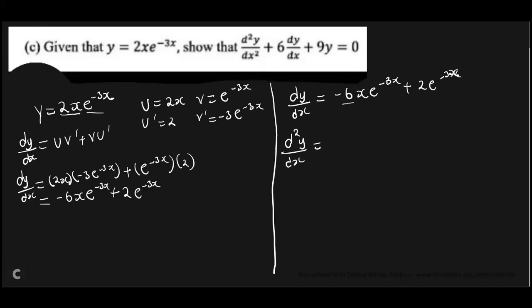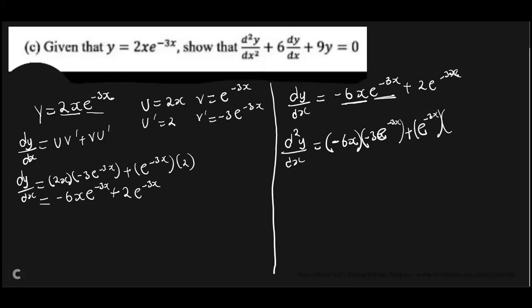Now when you look at this, we're still having two functions, right? Now we use the product rule again. And how do we use the product rule? We can go direct, it's fine. You first write your negative 6x like that. Then you differentiate the other part, which is 3e to the power negative 3x like that, plus then what you do, another thing will be e to the power negative 3x.